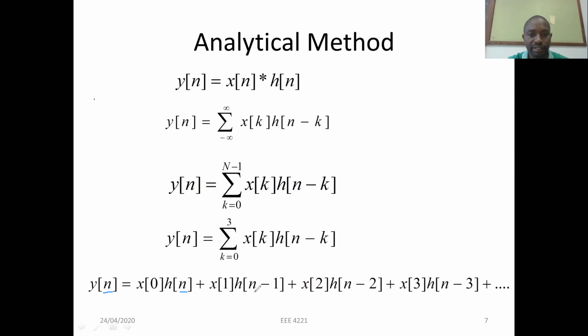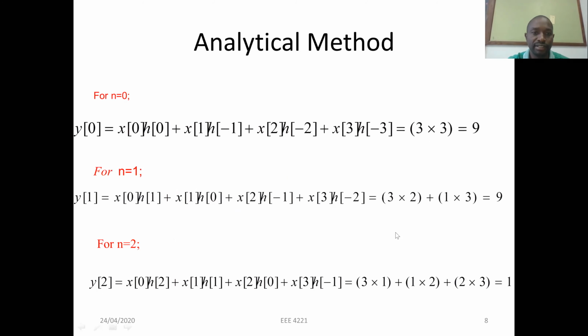We put a 1 here, and this will be 0. We substitute everywhere there's n with 1. Then you end up with the equation as shown in the next slide. Basically, you end up with the second equation here.